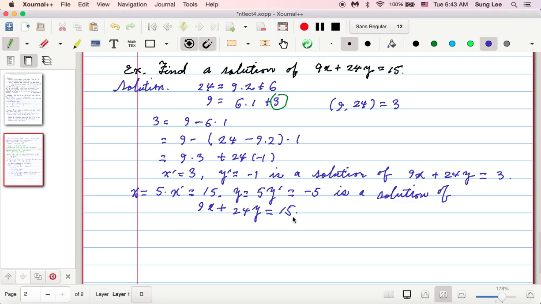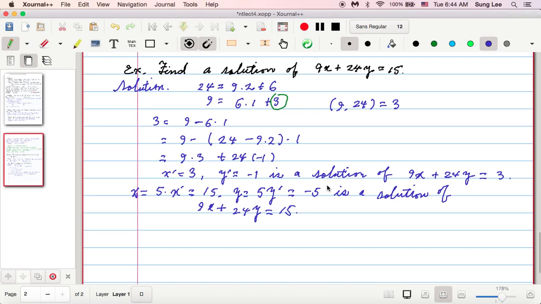So here's a question. We already know that using the Euclidean algorithm, you can always find a solution. However, like I said before, this equation has not just one solution but infinitely many solutions.